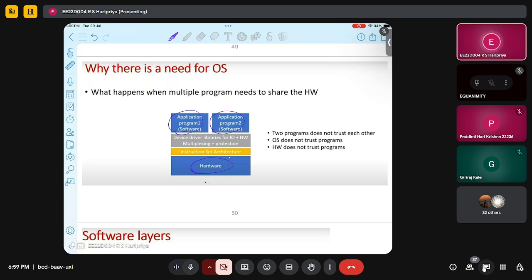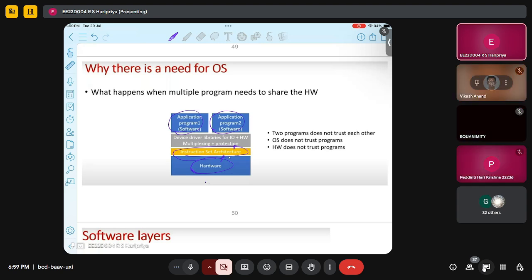The interface between the hardware and the operating system is called the instruction set architecture, so that the software talks to the hardware using this interface, which is the ISA.